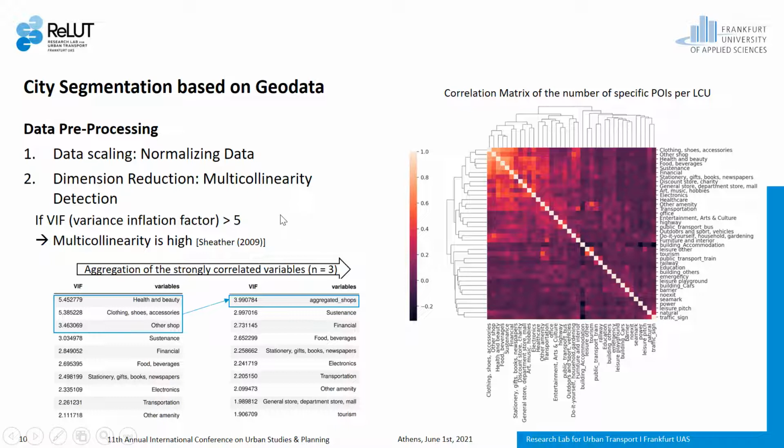It is calculated by building an OLS regression for each variable so that it is considered the dependent variable and all other variables are explanatory variables. A VIF value of more than 5 indicates strong multicollinearity. After aggregating the 3 highly correlated variables, all VIFs are under 5 and we are good to go.